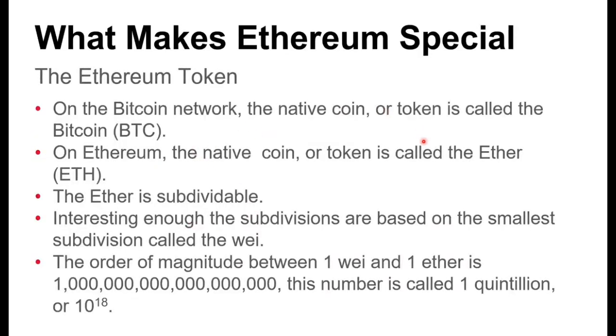On the Bitcoin network, the native token is called a Bitcoin. And on Ethereum, we call the native token Ether. Ether is subdividable. Interestingly enough, the smallest subdivision is called a wei. And the order of magnitude between one wei and one Ether is 1 quintillion, so 10 to the 18th.